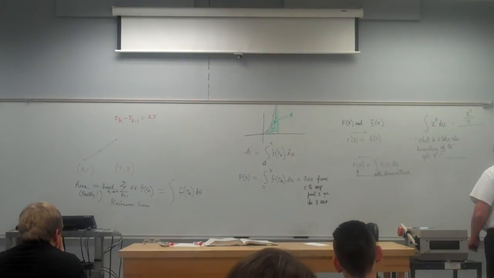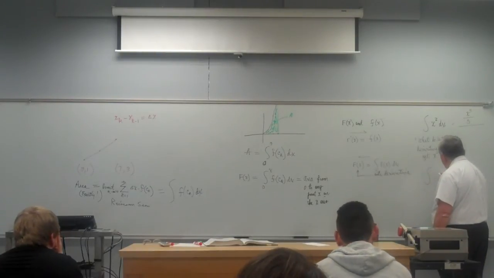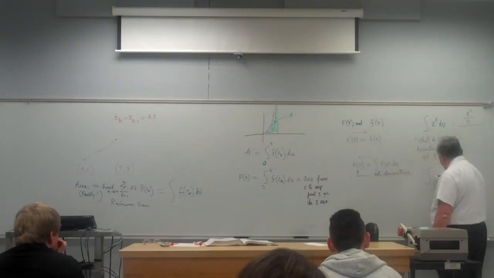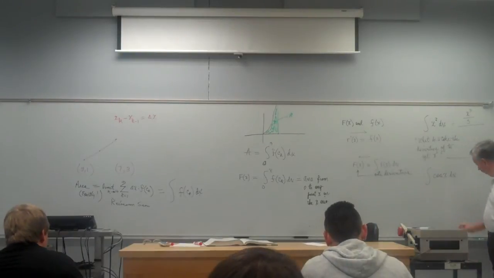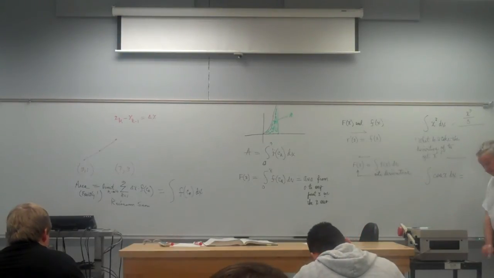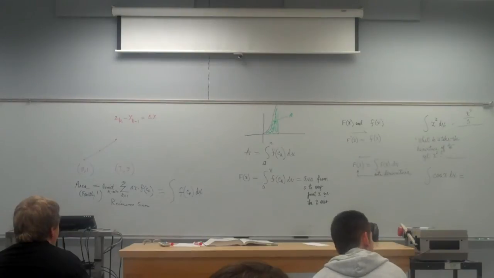Now, what do you take the derivative of? I know that's not good English. What do you take the derivative of in order to get the cosine? Sine.